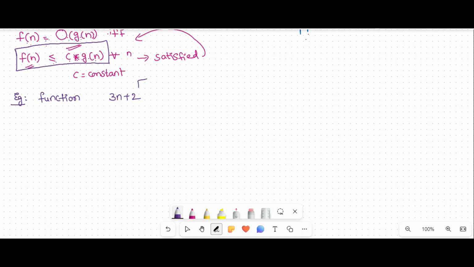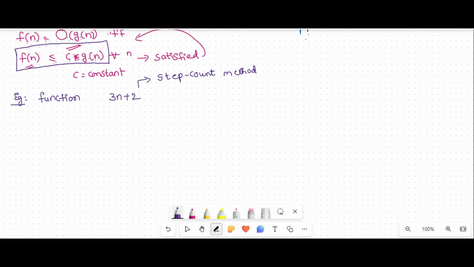We already discussed it in the step count method in time complexity. For every step the count will be incremented, and then we count the total number of steps. Then you will get the total number of steps like 3n plus 2.